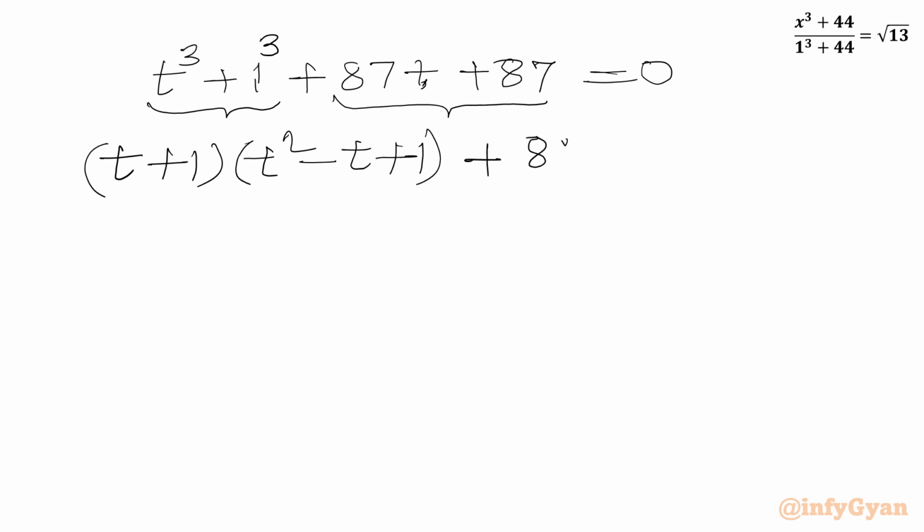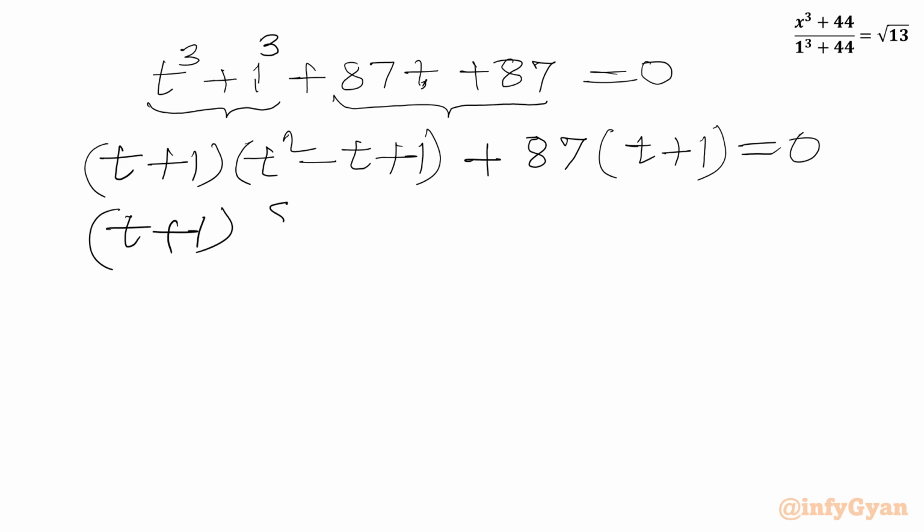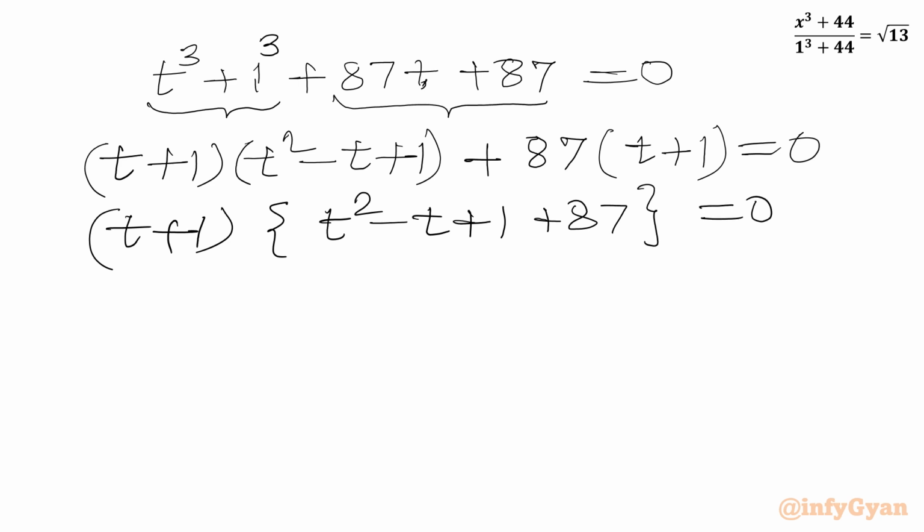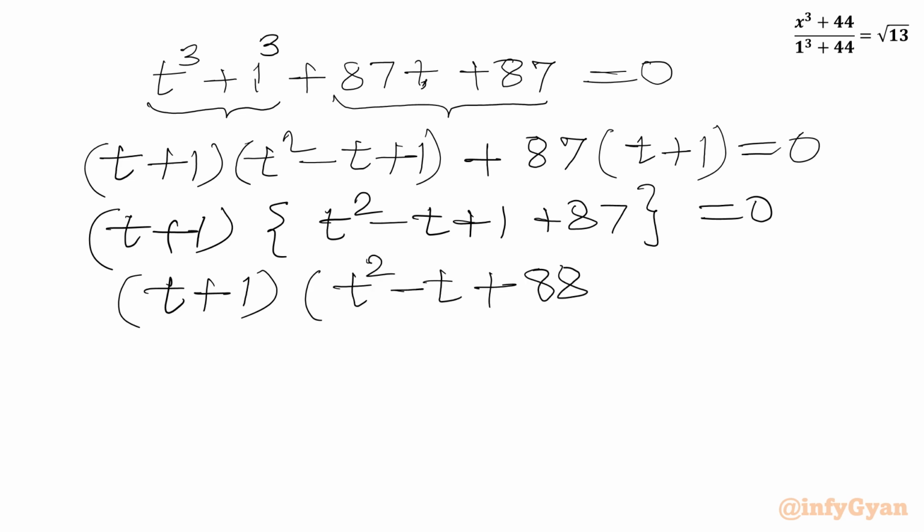Then 87 is common, and in the bracket we'll have t + 1 = 0. Now t + 1 is overall common, so in the other bracket we'll be writing t² − t + 1 + 87 = 0, or we can write (t + 1)(t² − t + 88) = 0.